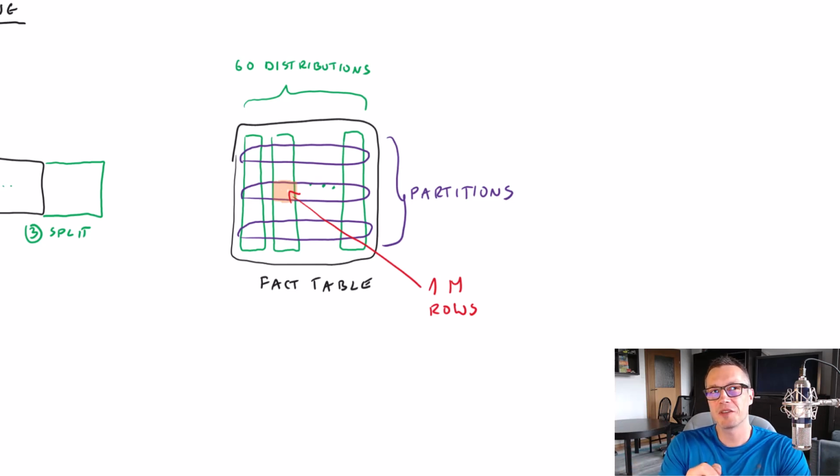That should give you a hint how big your table should be to even consider partitioning. Because maybe if your table is not that big, then you wouldn't benefit from partitioning at all. So the number of rows is one of the main criteria you should take into account when deciding about the number of partitions.